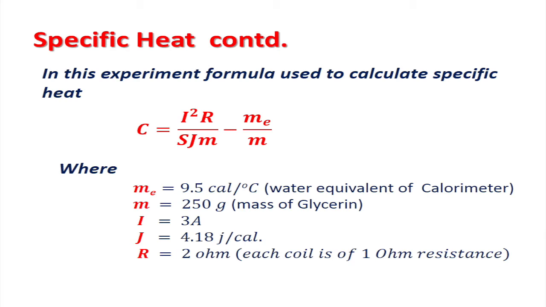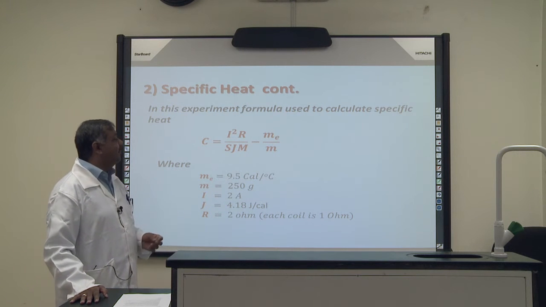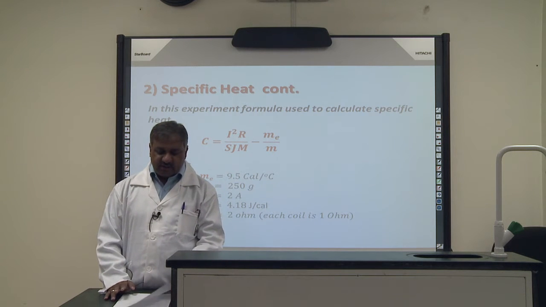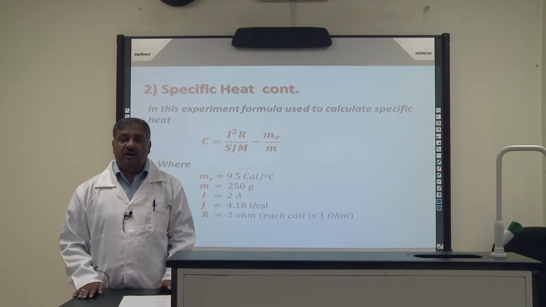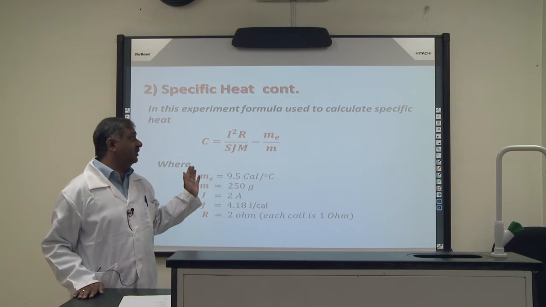So we are getting the final formula, C equals I squared R t over J (m + m_e) ... in terms of the parts you see in this formula, m_e is the water equivalent of the calorimeter, and that is a constant value.